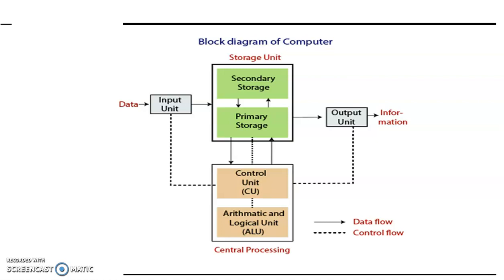Basically ALU is a combinatorial circuit which will perform various operations on data. Data can come directly from input unit, or it can be retrieved from your storage unit, and after applying appropriate operations on this data, it can again be stored to storage unit, or it can be directly provided to the output unit.